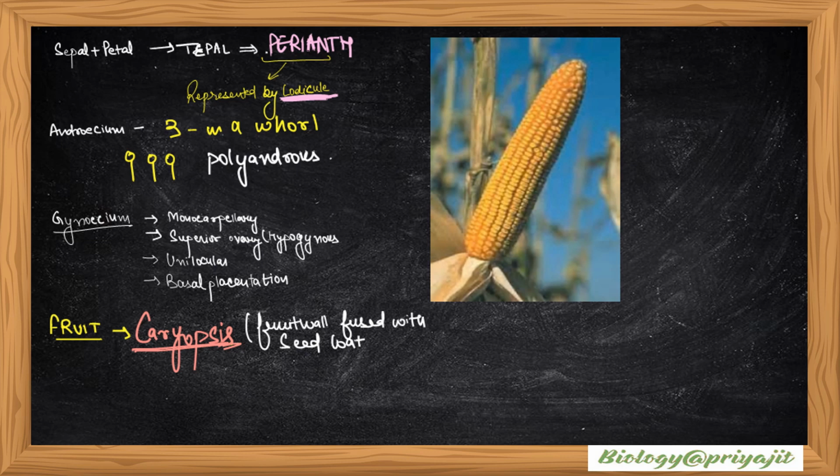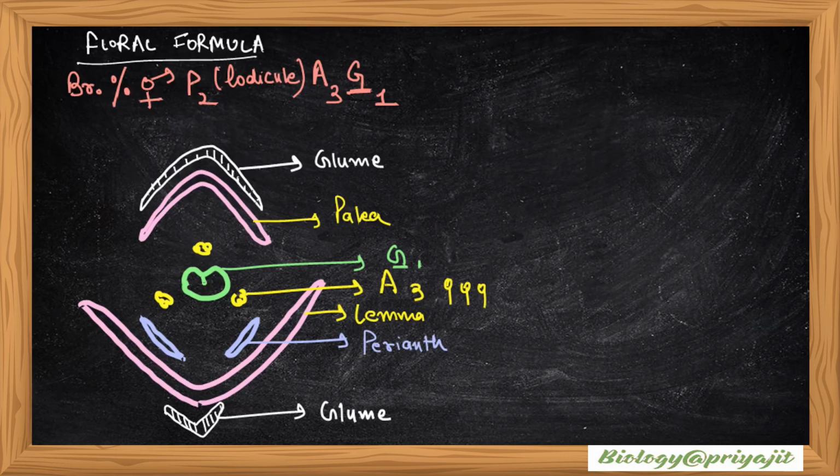There are 3 androecium arranged in a whorl, and the androecium is polyandrous in nature. Gynoecium is monocarpellary, superior ovary. The flower is hypogynous. The gynoecium is unilocular, and basal placentation is found there. Their fruit is caryopsis because the fruit wall is fused with the seed wall.